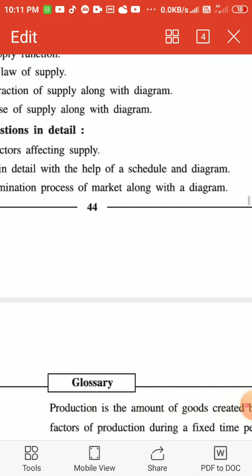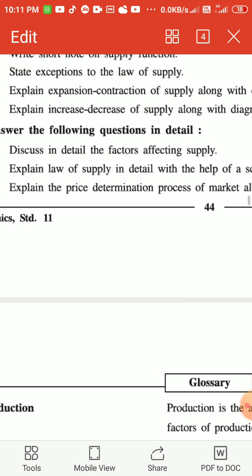Price determination with the diagram, the last part of your lesson: you make the diagram, explain the table. First you have to explain how prices are determined in the market. There should be a stable price. Then only from the stable price are the prices decided and determined. Then from that you explain the schedule.